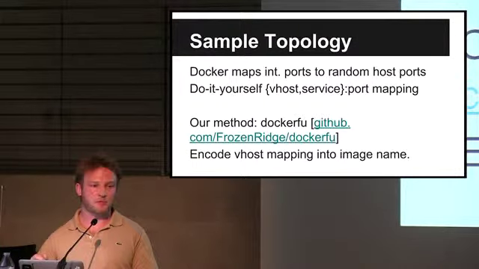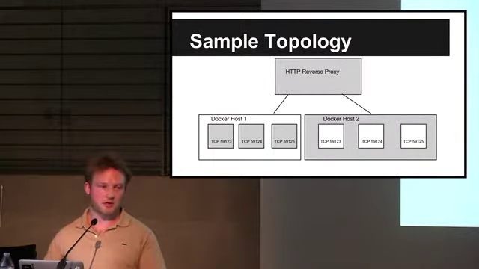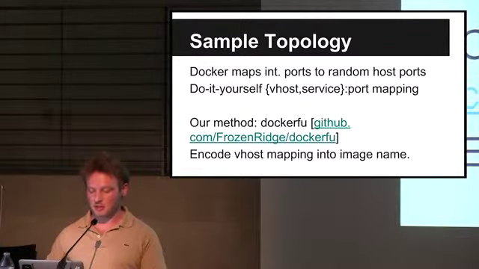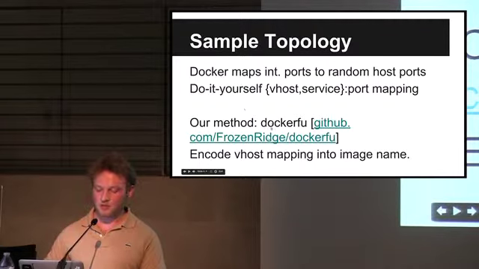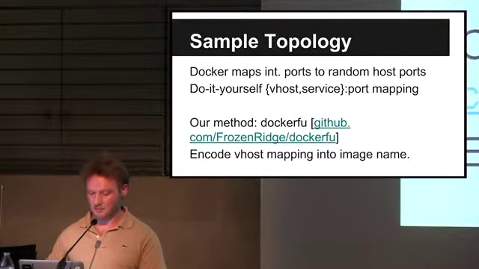So it's up to you to map whatever external service to that particular port. Like in the example I gave previously, we're using an HTTP reverse proxy to do that based on vhost. You could use something else. And we use this method, which I'm not going to go too far into, but we built this tool called Dockerfile, which is a way of encoding these mappings into the actual image name.